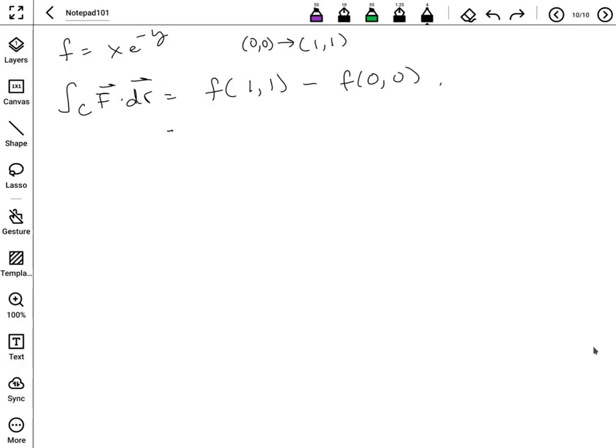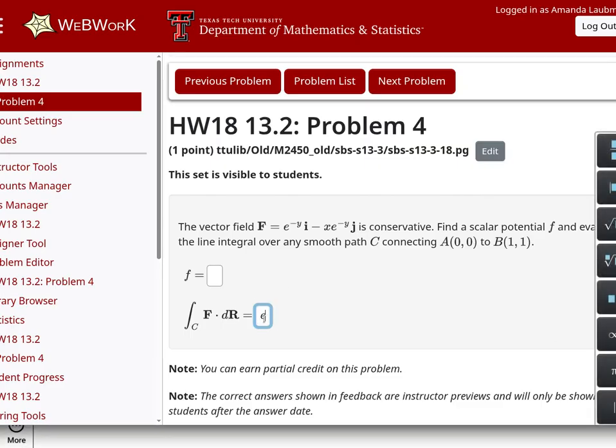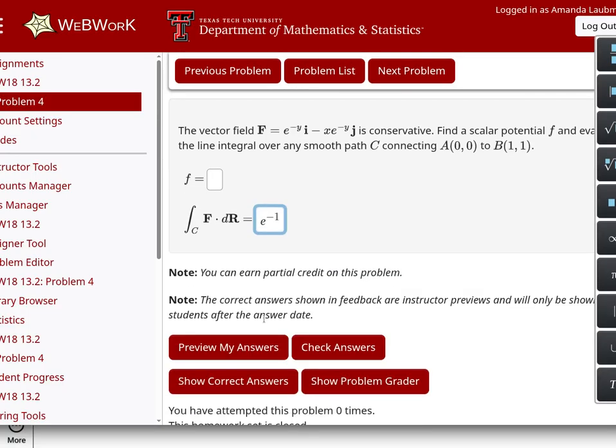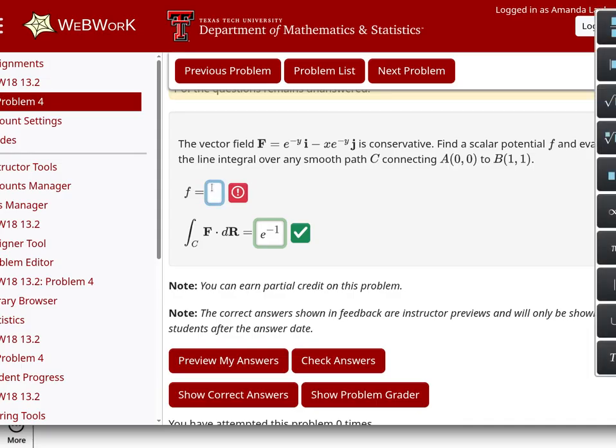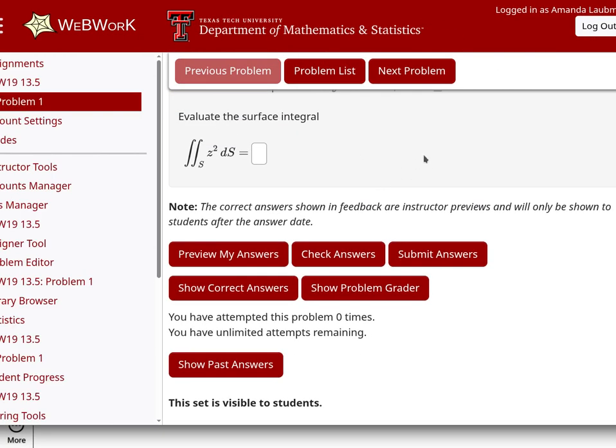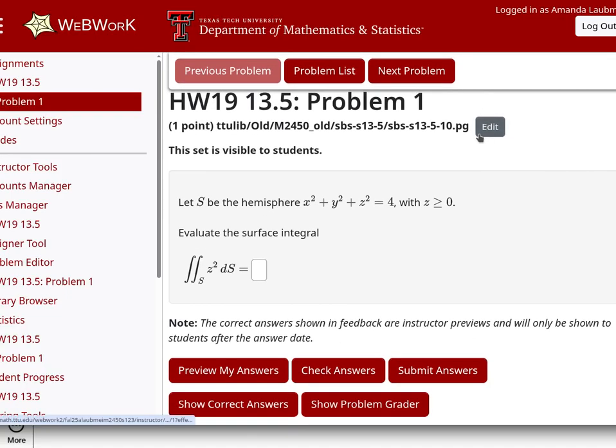That's 1 e to the -1 minus 0 e to the 0, or just e to the -1. I guess we can see if I got that right. Cool. I'm not going to type that f in there, but it would be that x e to the -y I found before.